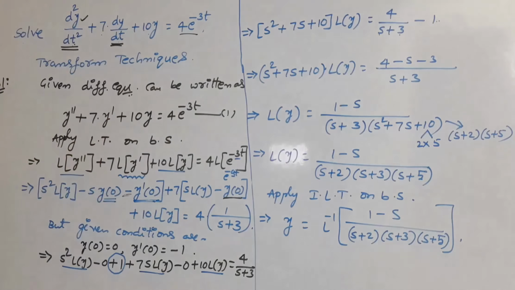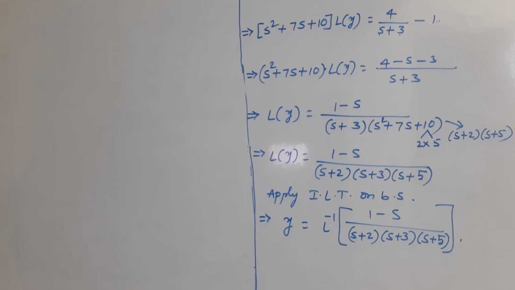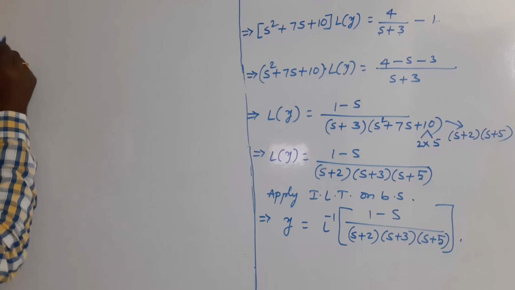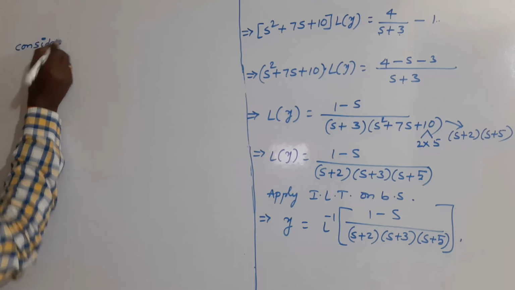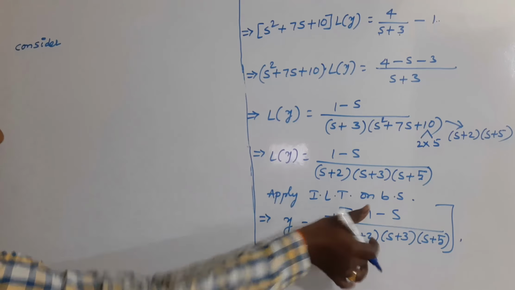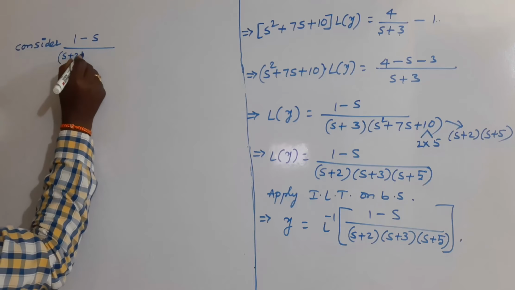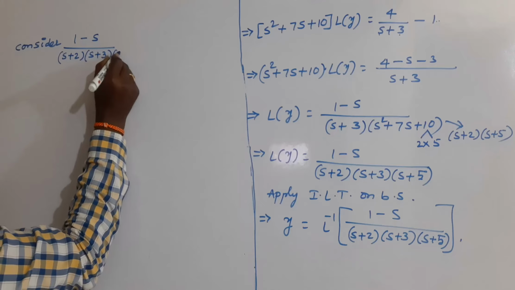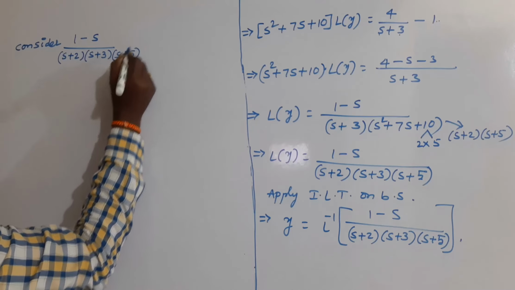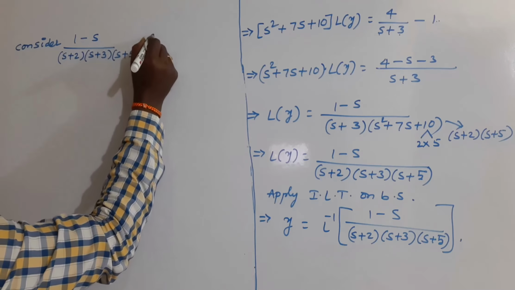See, consider the function 1 minus s by s plus 2 into s plus 3 into s plus 5 is equal to, what are the partial fractions?